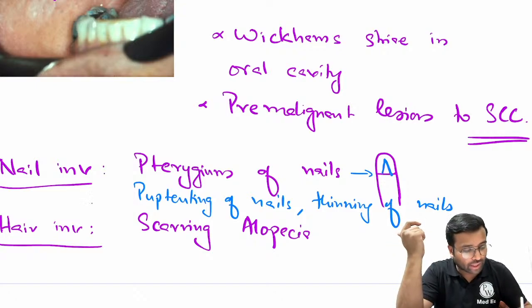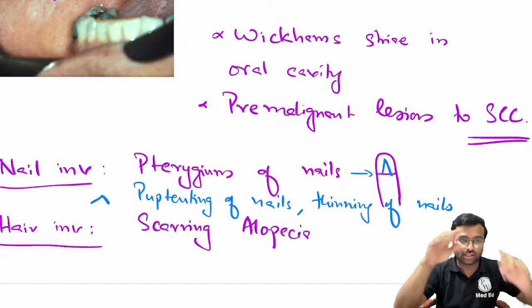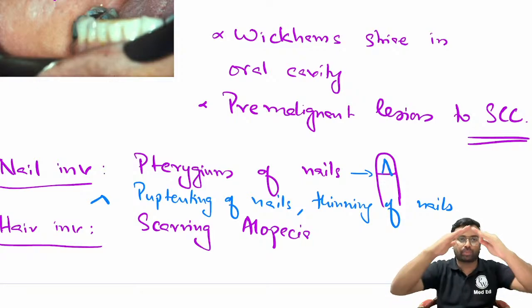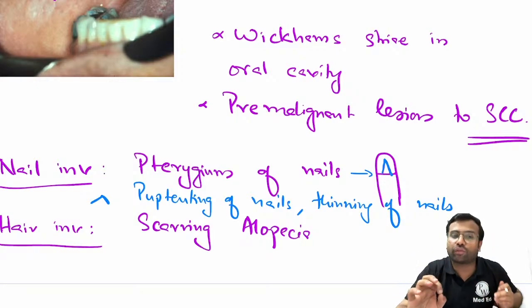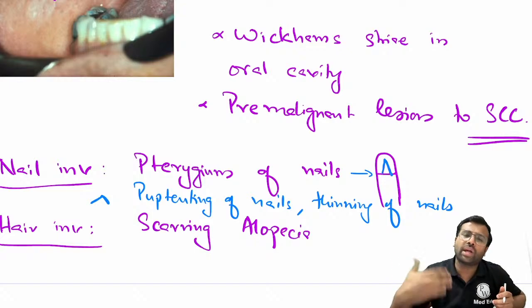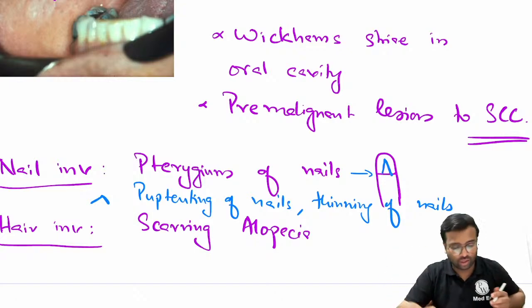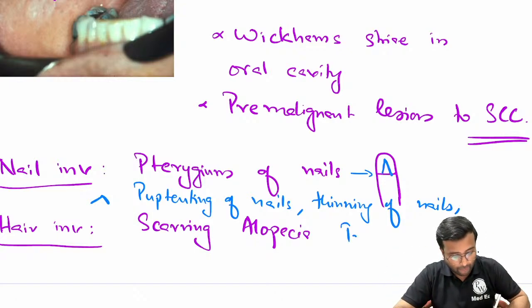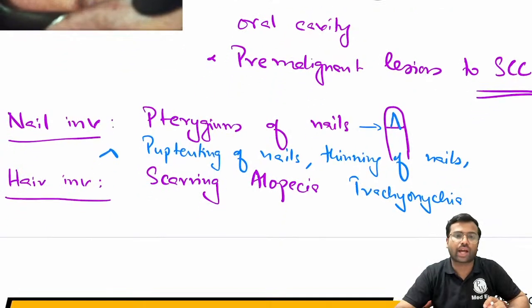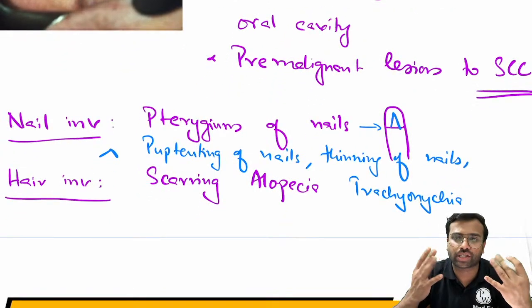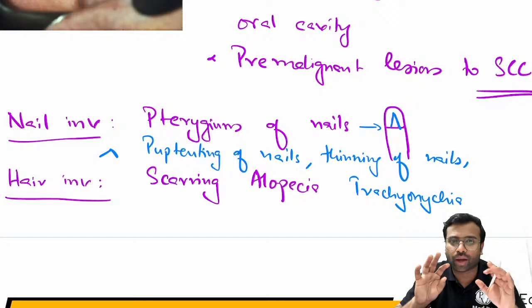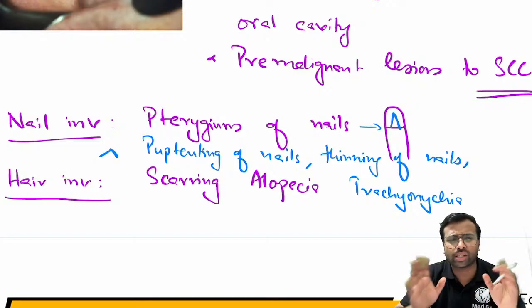Pup tenting means the nail will look something like this, just like a tent. Thinning of the nails is another one, and there are many others. Tracheonychia and all. So just try to remember a few of the nail findings. Tracheonychia, where all the 10 nails are going to have some disfiguration. So all those things can be seen.